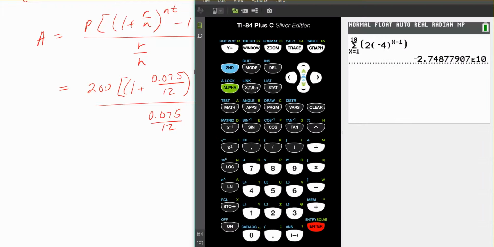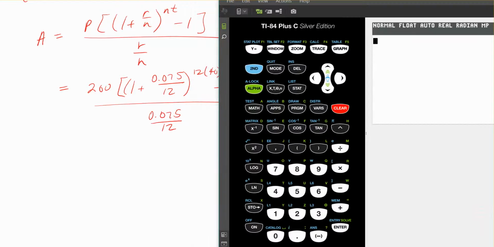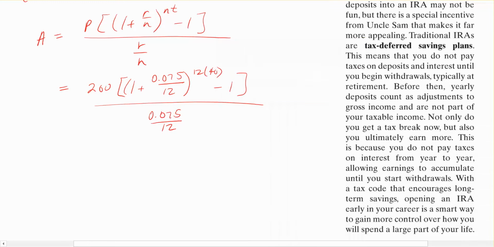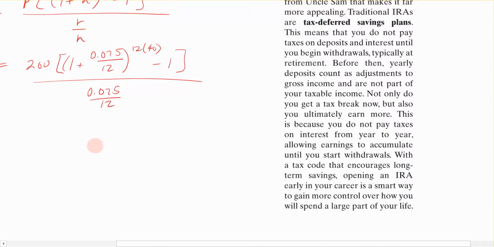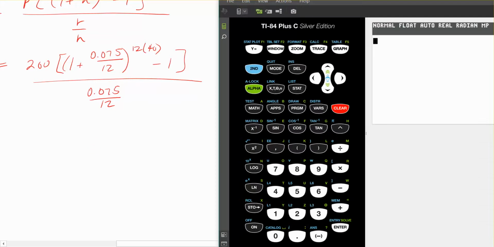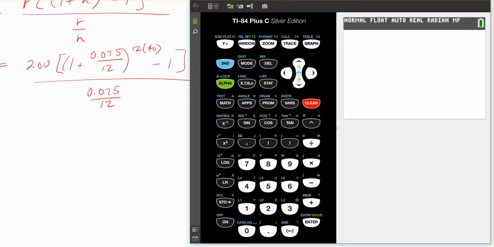So let's pull the calculator up, and I'm going to clear this out. I'm going to scoot it over just a little so you can see it. I'm going to start from the inside out, and do everything that is in this bracket first.